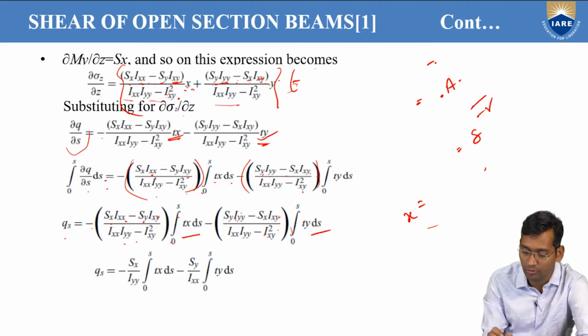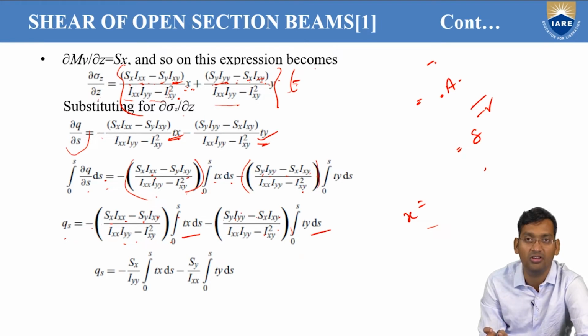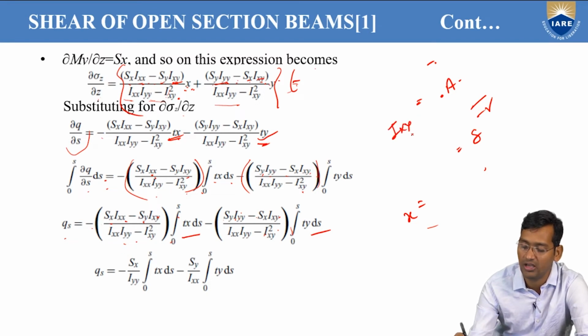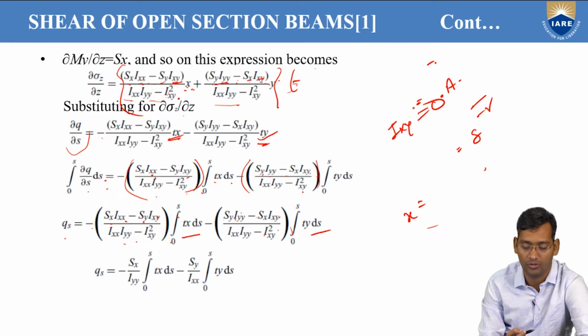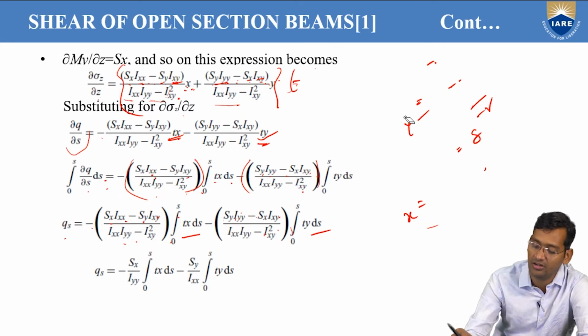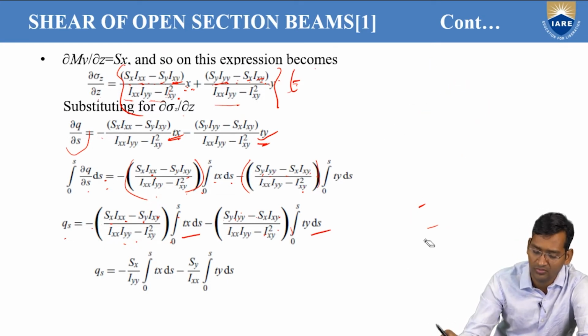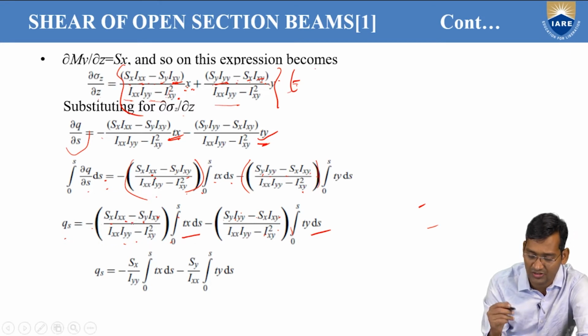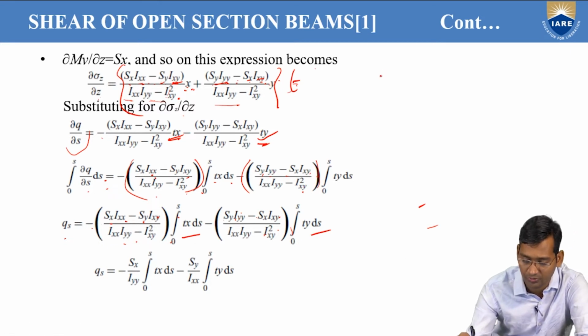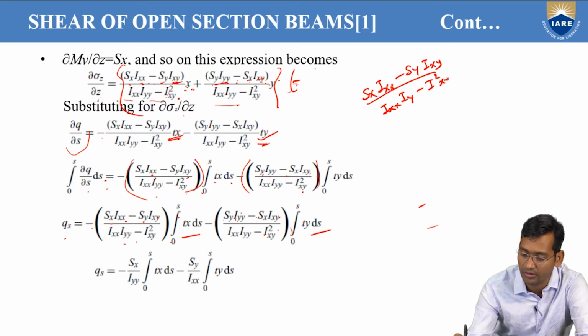Okay, now because of the axis of symmetry, if symmetry is there, Ixy will be 0. So if we take along the axis of symmetry, then Ixy will be equal to 0. Okay, so now just substitute wherever Ixy is there as 0. So substituting Ixy as 0, what are we getting? First I am simplifying this term: Sx Ixx minus Sy Ixy by Ixx Iyy minus I square xy.